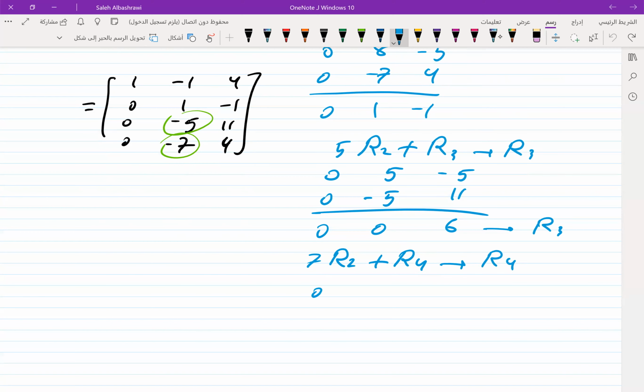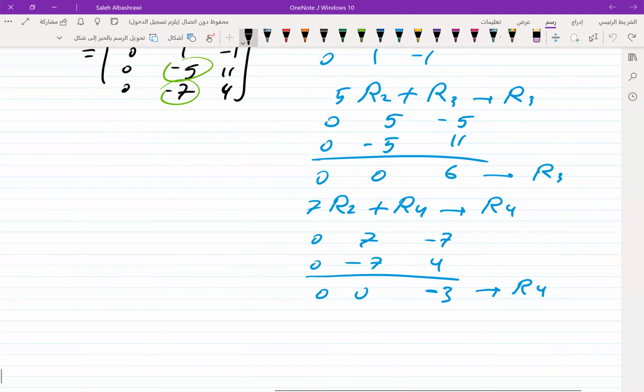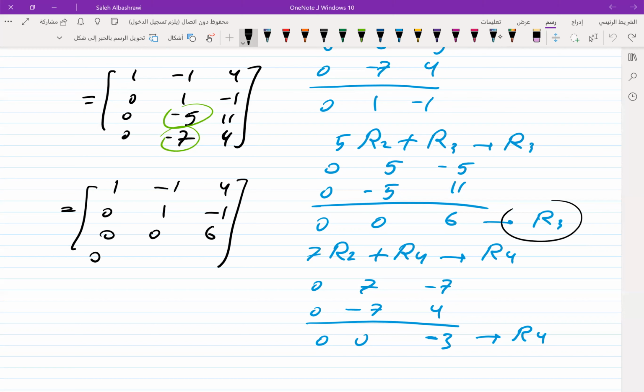I will have 0, 7, minus 7, and 0, minus 7, and 4. Add them together: 0, 0, and this is minus 3. This will be R4. So the new matrix now will be 1, minus 1, 4, 0, 1, minus 1. Now the new R3 is 0, 0, 6, and R4 is 0, 0, minus 3.